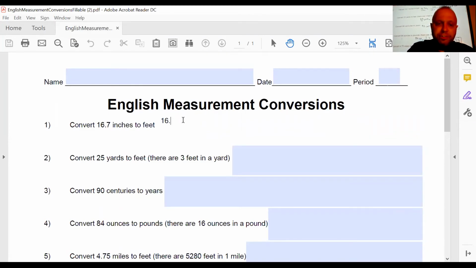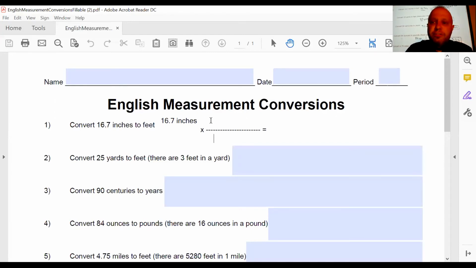So I'm going to start off by showing you if I have 16.7 inches. What I am asking you to do is set up the problems just like they look behind me on the board. So I actually have 3 different lines here. On the first one, I'm going to type in 16.7 inches like I have right here.